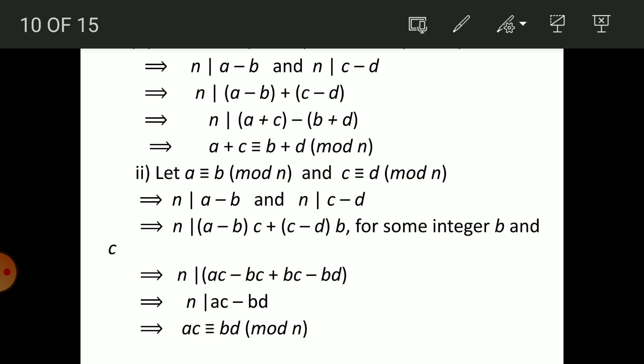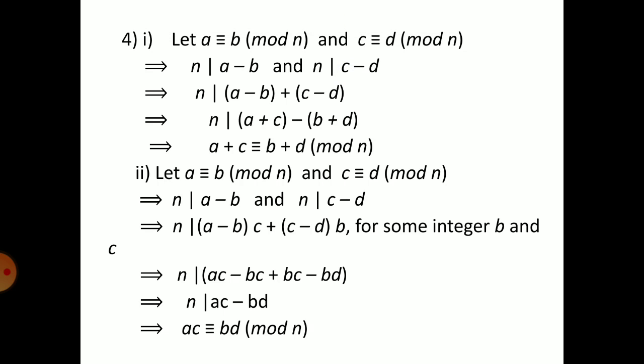Also, C is congruent to D mod n means n divides C minus D. Now, again, taking the sum, n divides A minus B plus C minus D. That means in the result, n divides Ax plus By, taking x and y as 1.